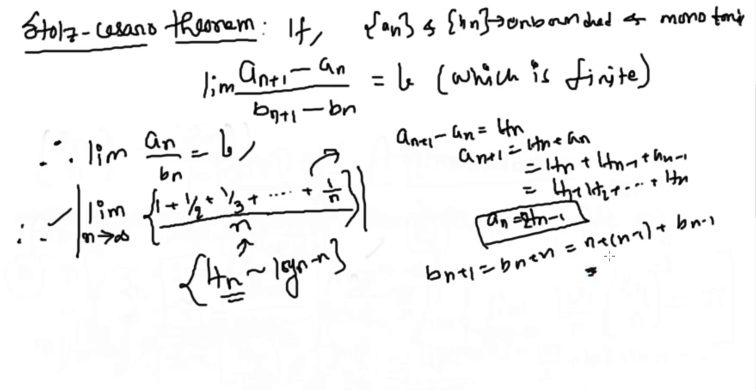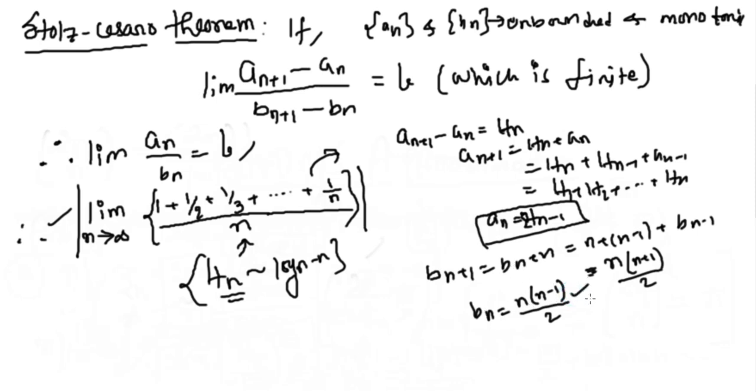So basically it's going up to b1, which is basically n into n plus 1 by 2. So this is also our bn plus 1 minus bn, which will give us the answer. So bn is basically n into n minus 1 by 2.